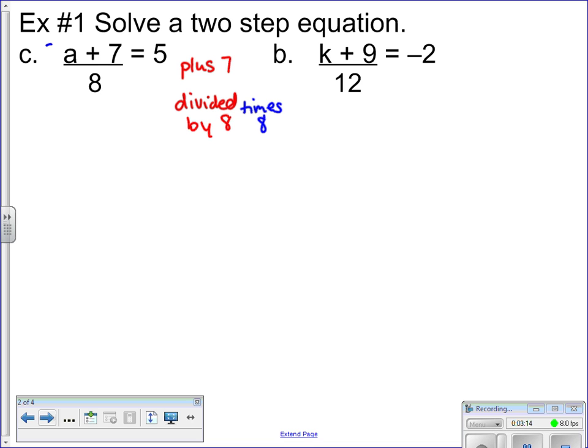So I'm going to multiply by 8 on both sides. The 8 on the top and the 8 on the bottom cancel each other out due to multiplicative inverse. And then A plus 7, the remaining numerator comes down, equals 8 times 5, which is 40.